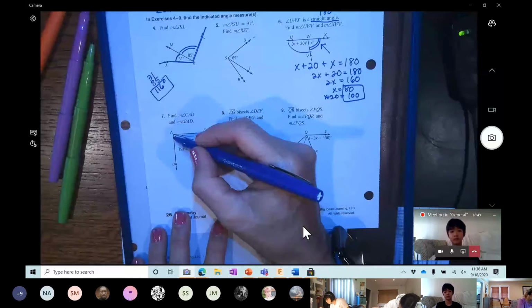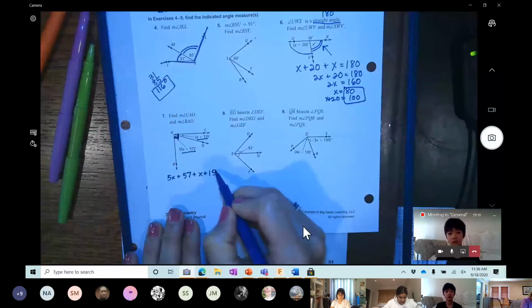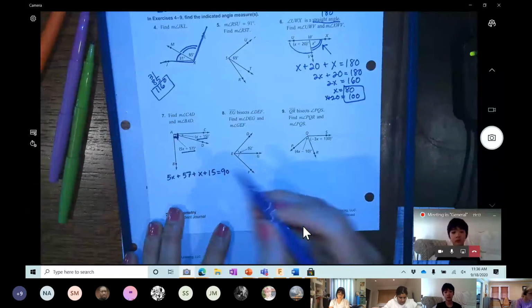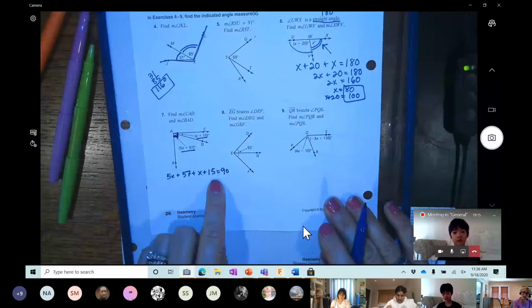So that means if you add this one together with this one, they equal 90 degrees. So you write an equation, 5x plus 57 plus x plus 15, and those are going to equal 90 degrees. And then again, you solve that with algebra.